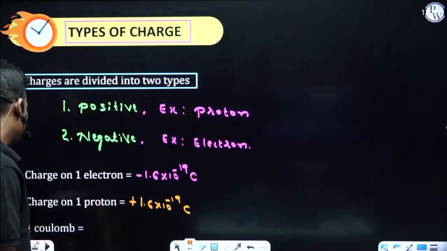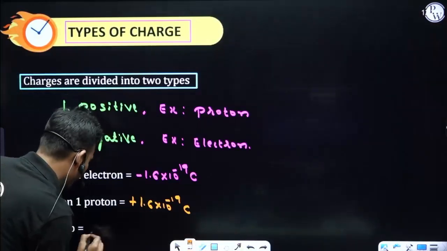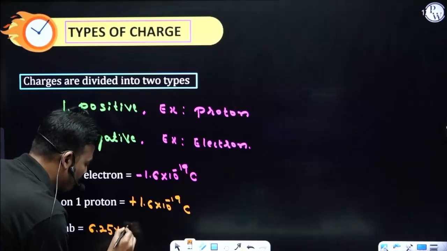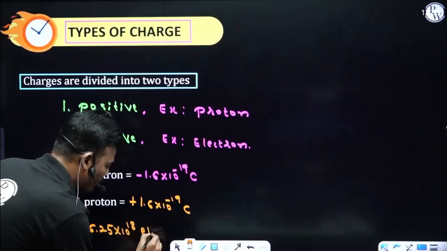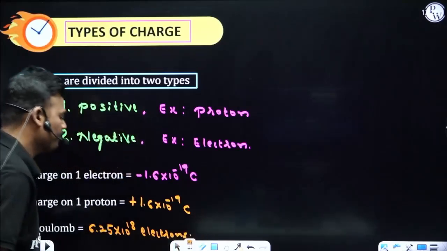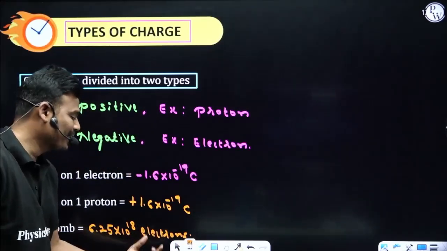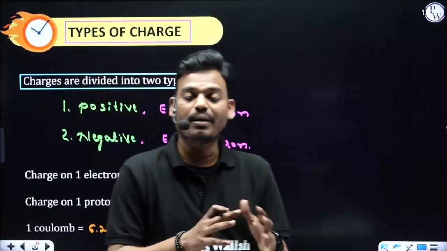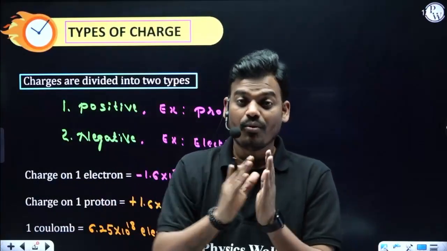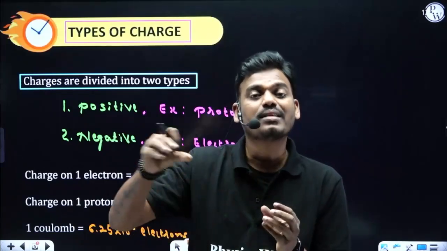Then already we know that 1 coulomb of a charge has 6.25 into 10 power 18 electrons. So why don't we discuss in terms of protons? Because electrons are free to move from one place to another, whereas the protons are bound in the nucleus and cannot change.